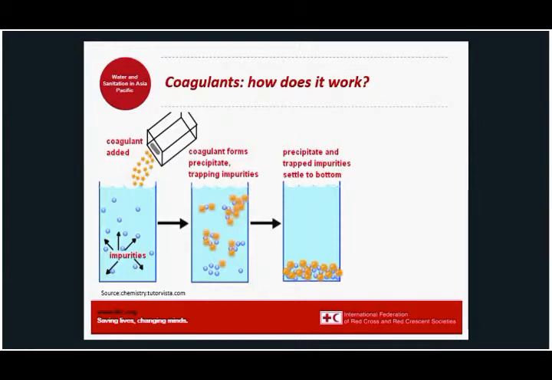The slightly larger particles formed in this process are called microflocs. During the coagulation process, we also do continuous high-energy rapid mixing. This process promotes collision, which is needed to achieve good coagulation and formation of the microflocs.